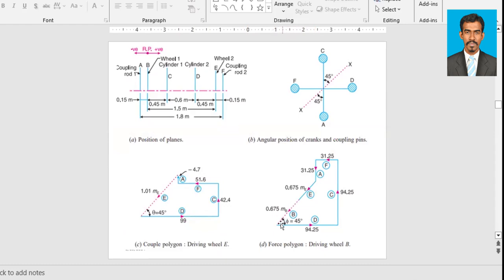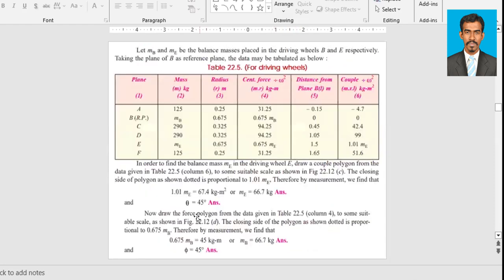Okay. So if you join those two, this length will give you 0.675 MB, that is equal to 45 kilogram. So if you divide it by 0.675, you will have MB is equal to 66.7 kilogram, right?